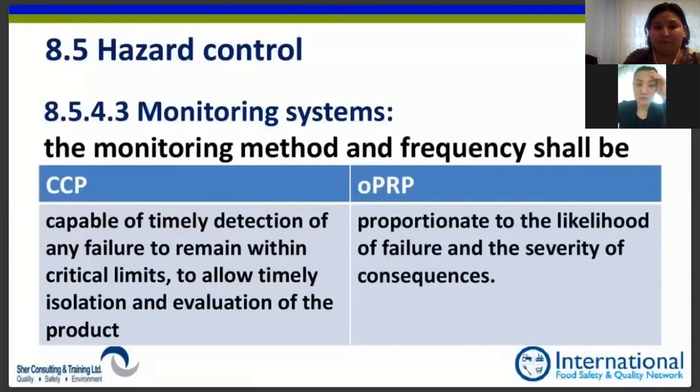So we'll do it at the end of the day, during cleanup, we have a checklist. We'll look and see all our lamps are intact. If any is broken, we'll deal with it because they're not directly above the product, whatever. And that's why we chose our frequency of once a day. I would prefer, and if it were my plant, I would treat an OPRP just like a CCP when I talk about the frequency of monitoring.